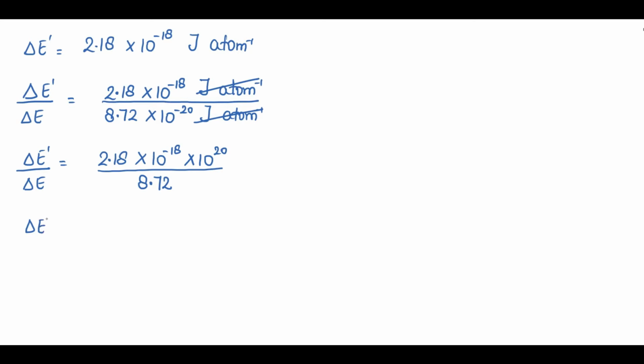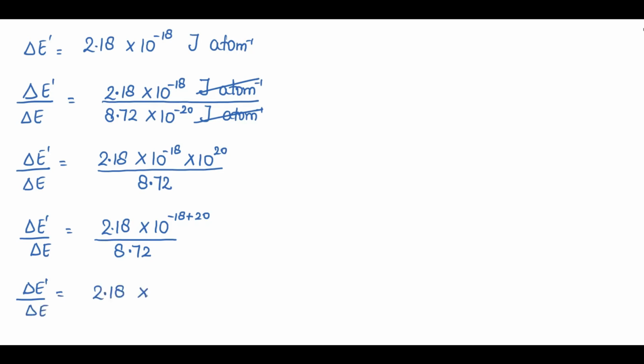Delta E dash by delta E equal to 2.18 into 10 raised to power minus 18 plus 20 divided by 8.72. So minus 18 plus 20, it will be 10 raised to power 2. Delta E dash by delta E equal to 2.18 into 10 raised to power 2 divided by 8.72.